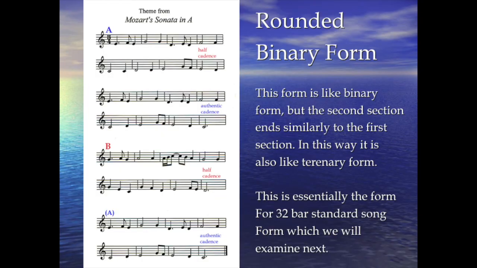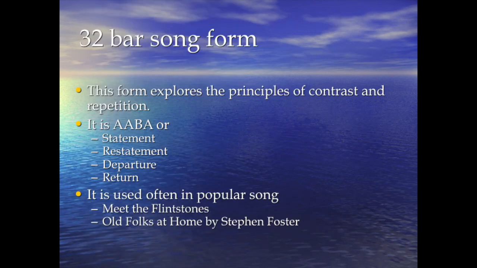So the A section consisted of two phrases, a question and an answer phrase, and the B section consisted of a question and an answer phrase. In the A section, the question and answer phrase had similar material. The B section, our first phrase was contrasting, it was something completely new, and our answer phrase restated material from the A section. That is what we call a rounded binary form.